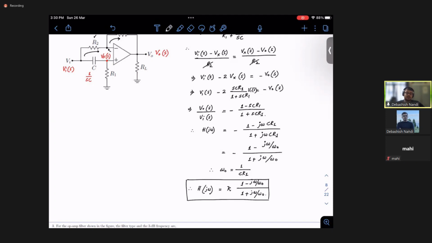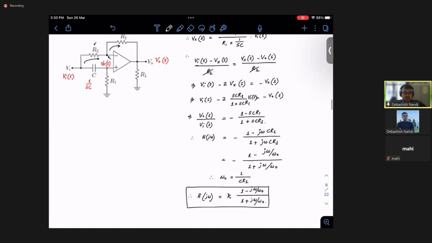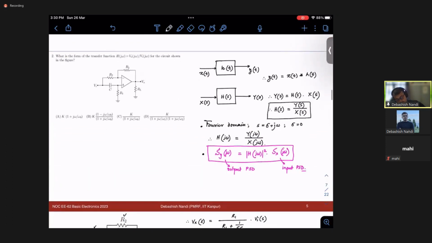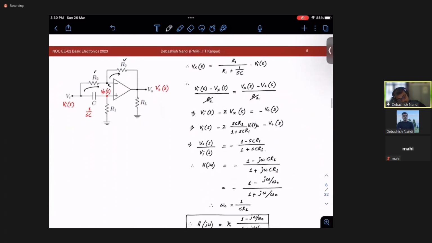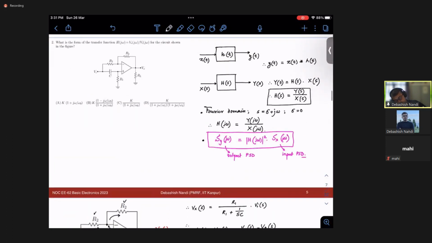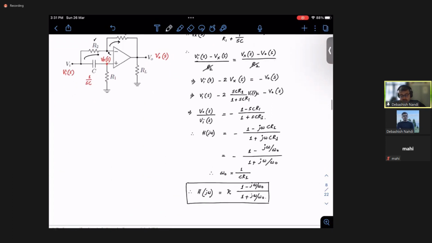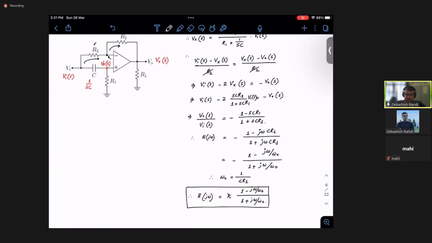So this is how the form of the transfer function looks. The form of the transfer function is similar to answer B. So this is how you calculate the transfer function of any given system. So let's move on to the next problem.